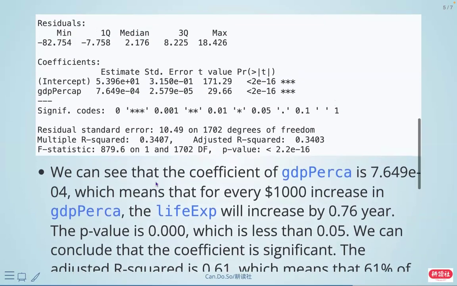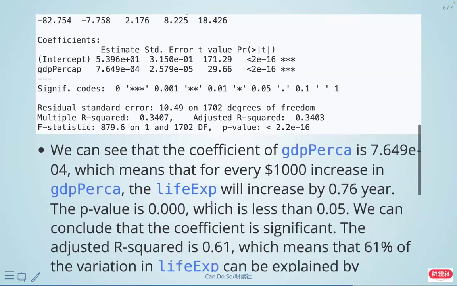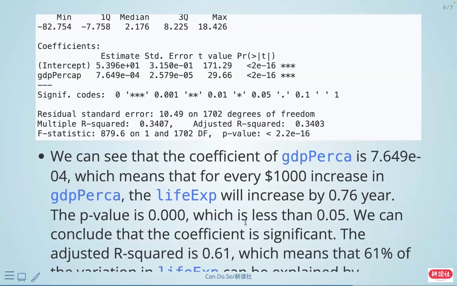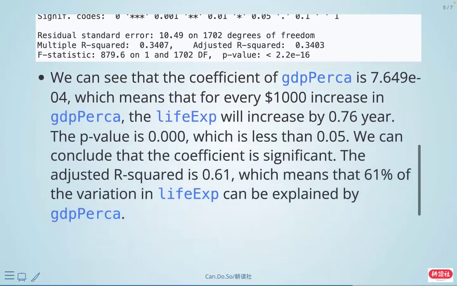So in this case, GDP per capita can explain 34% of the variation in the life expectancy. I think it's good.